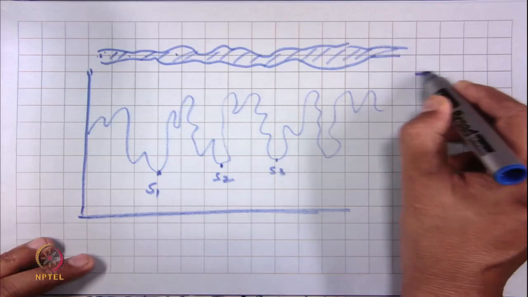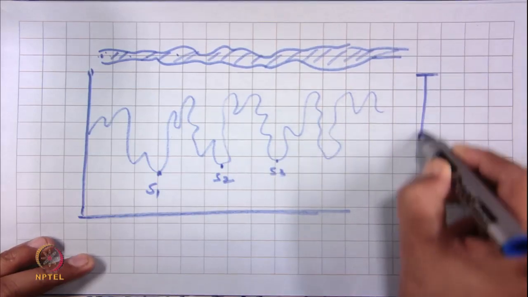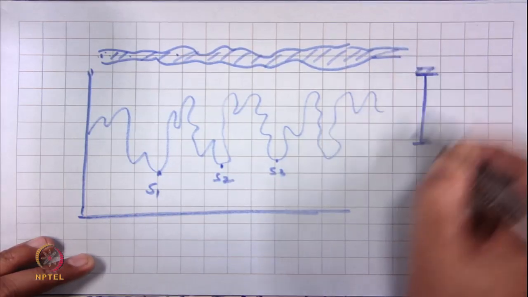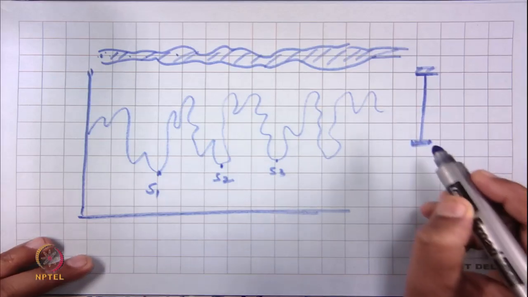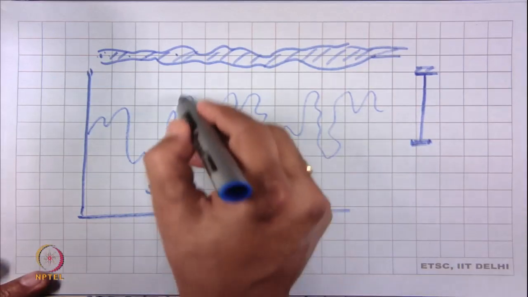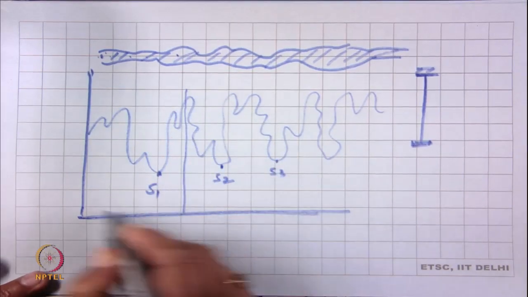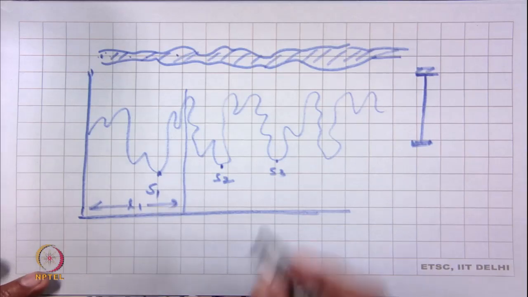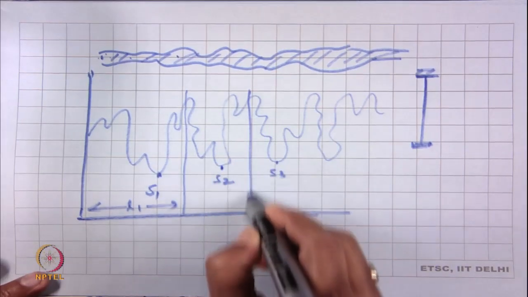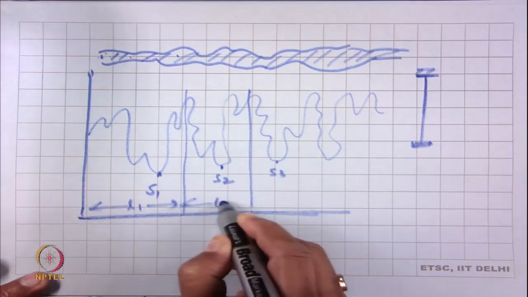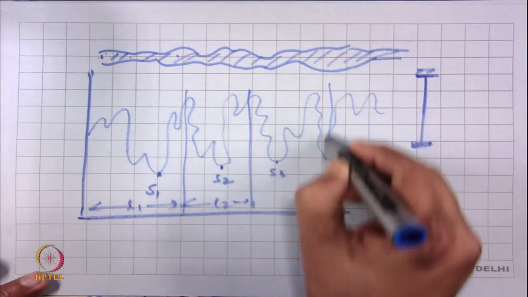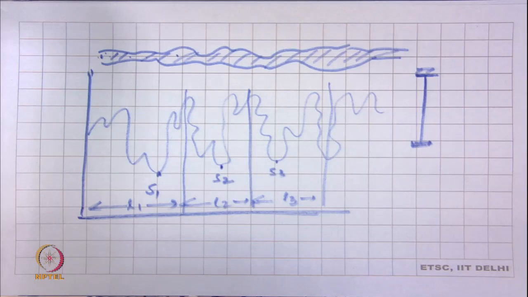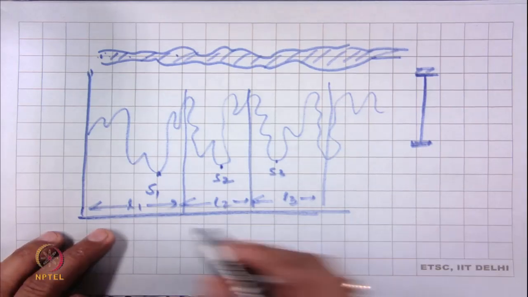We can do the tensile test with this yarn sample, this is the top jaw, this is the bottom jaw, and here suppose it is a length L1, length L2, length L3, like this.